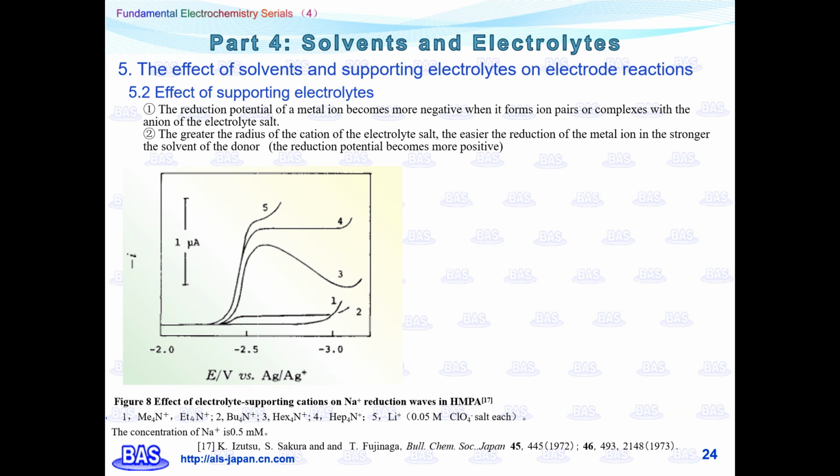When a metal ion forms an ion pair or complex with the anion in the supporting electrolyte, the reduction potential of the metal ion becomes more negative. In aprotic solvents that do not readily solvate anions, or in solvents with low permittivity, this effect will be quite pronounced.